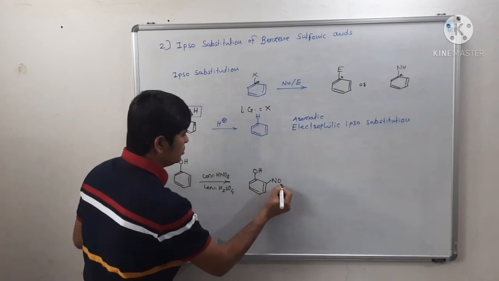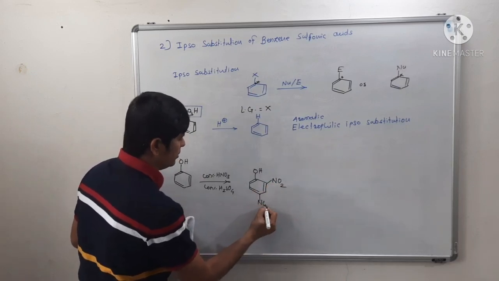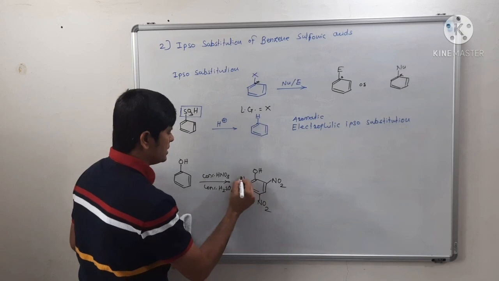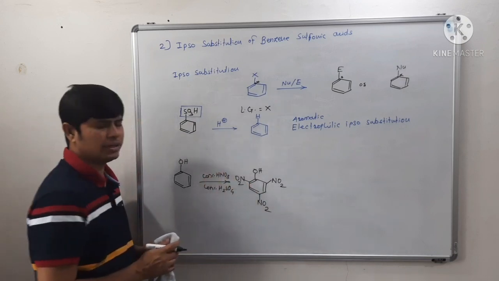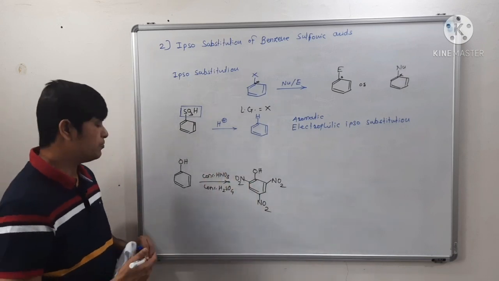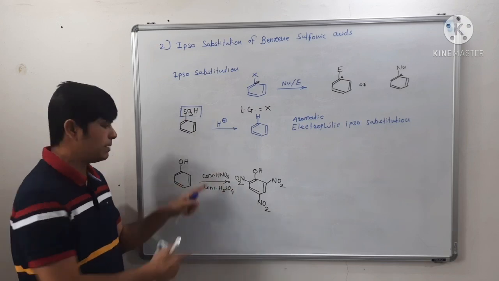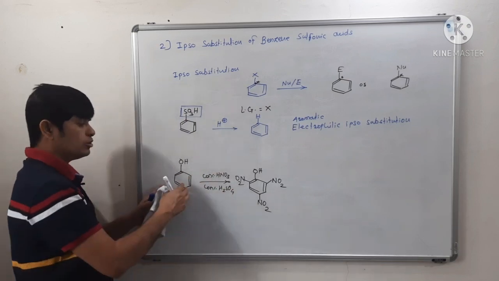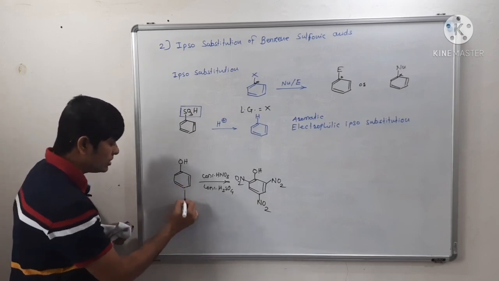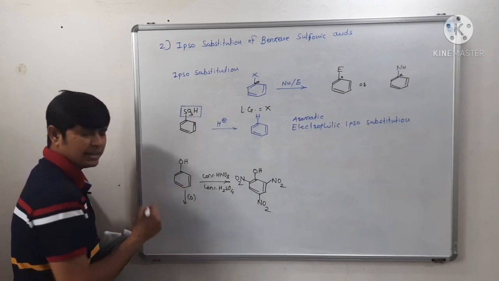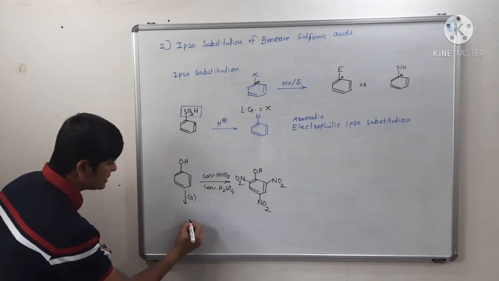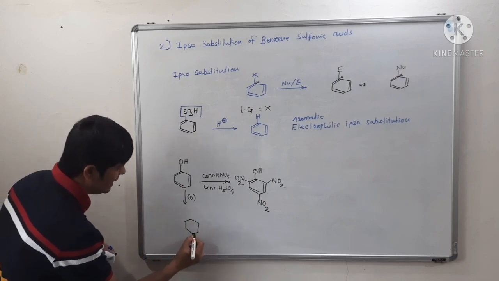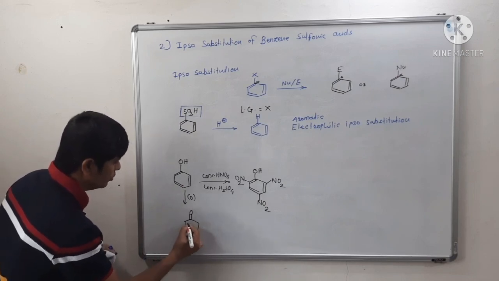Picric acid is 2,4,6-trinitrophenol, you know it. Suppose we have to convert phenol to picric acid by the usual nitration reaction, most of the phenol undergoes oxidation to give a side product or byproduct like benzoquinone.